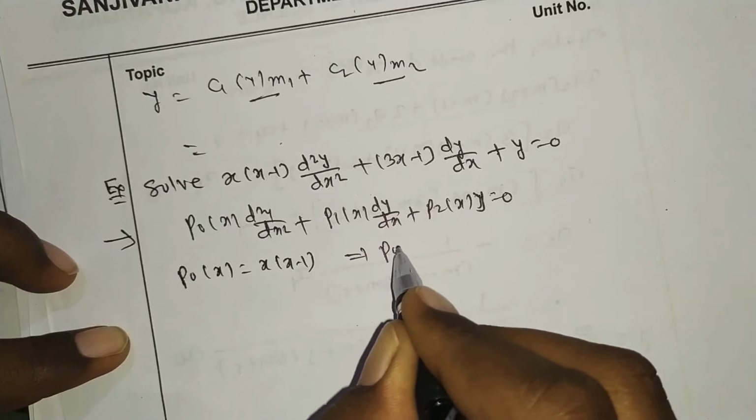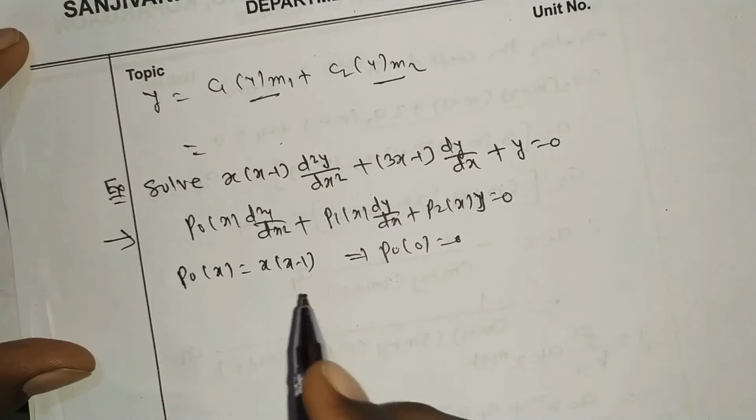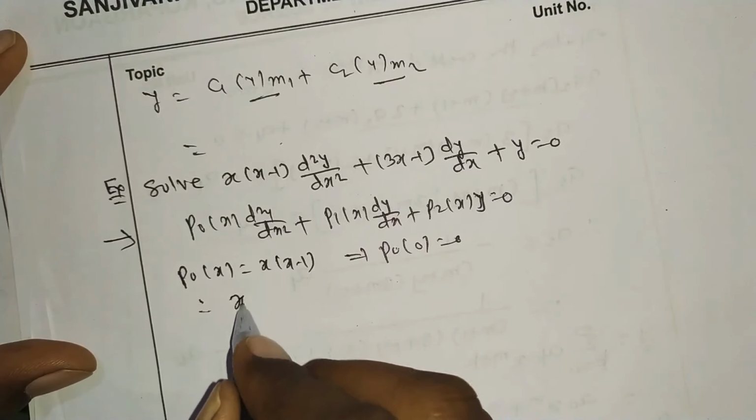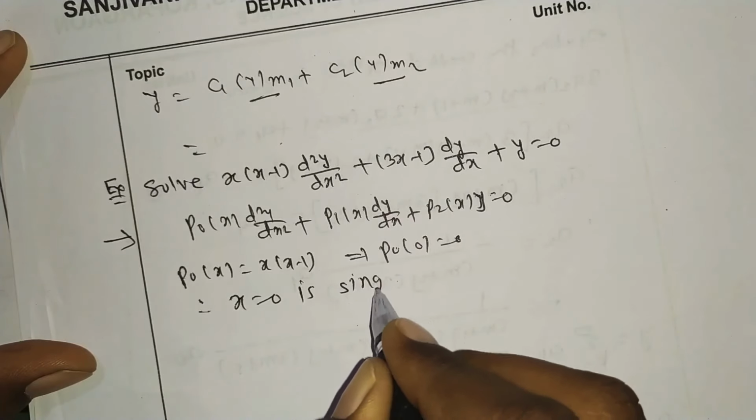So this implies p0(0) equal to 0, and therefore x equal to 0 is a singular point.